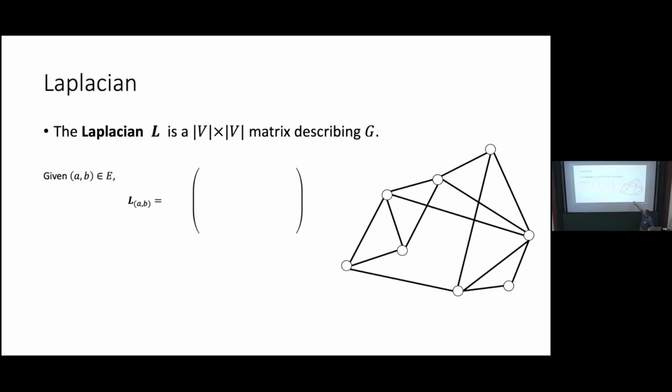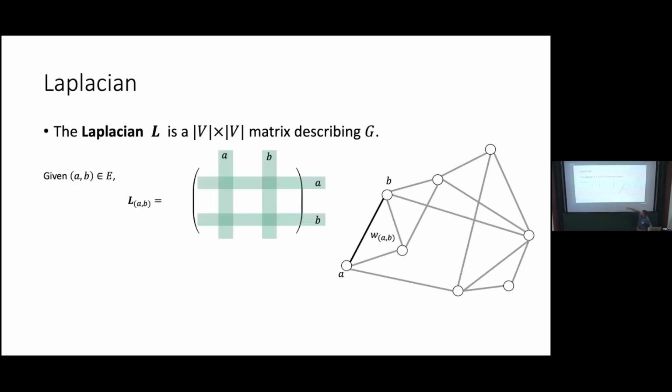We start from our graph, we select an edge, and in the entries that correspond to the extremes of this edge, we put the values +1 and -1, and then we multiply by the weight of this edge, and we obtain a little Laplacian matrix for this edge.